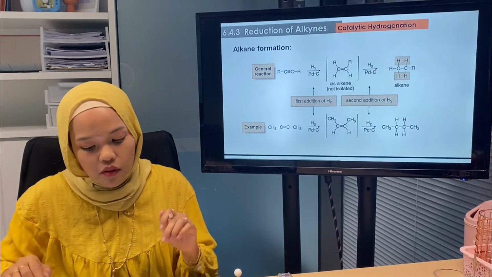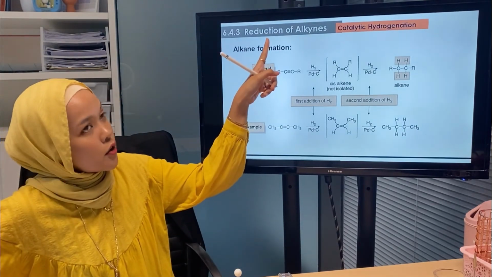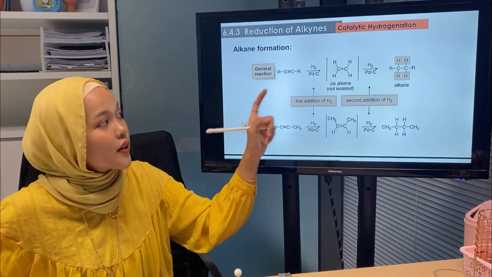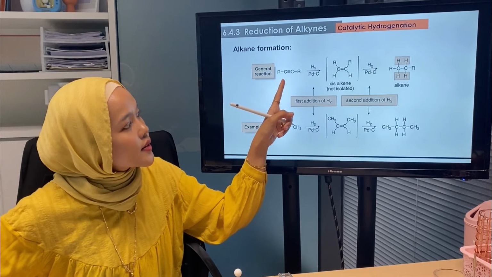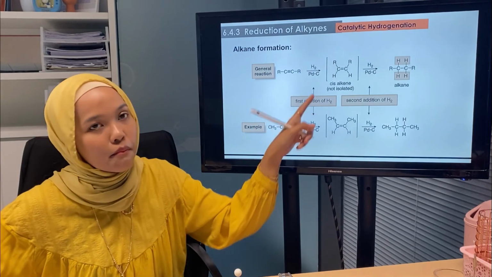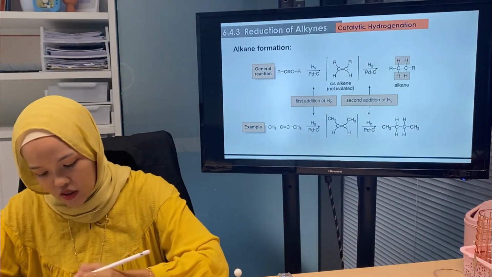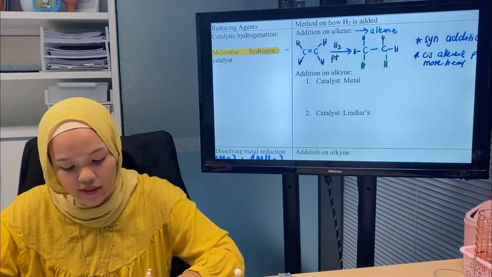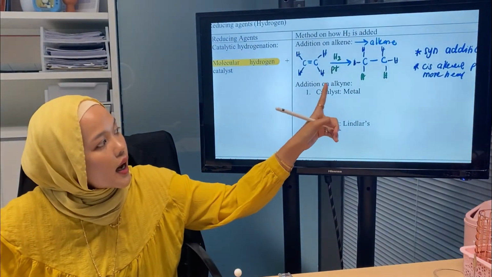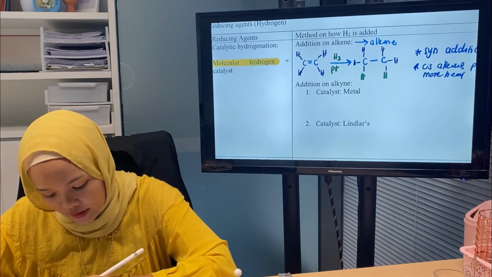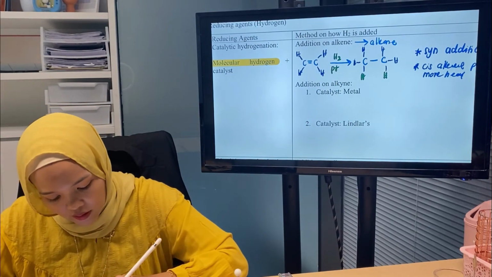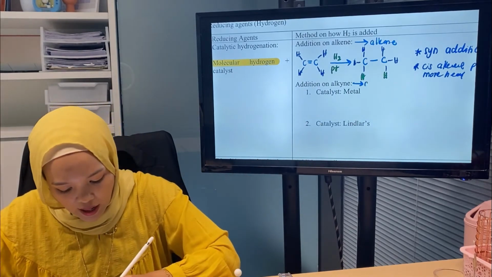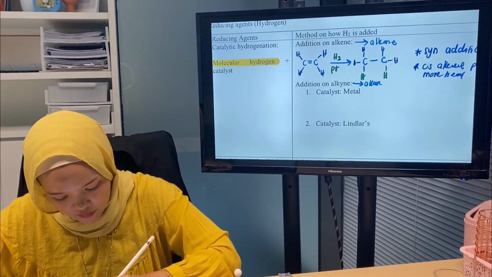If you want to conduct reduction of alkyne to produce alkene, you use a metal catalyst. If you add on alkyne, it will produce alkene.